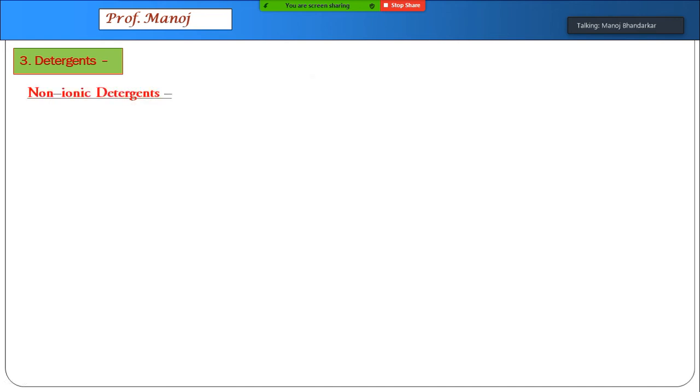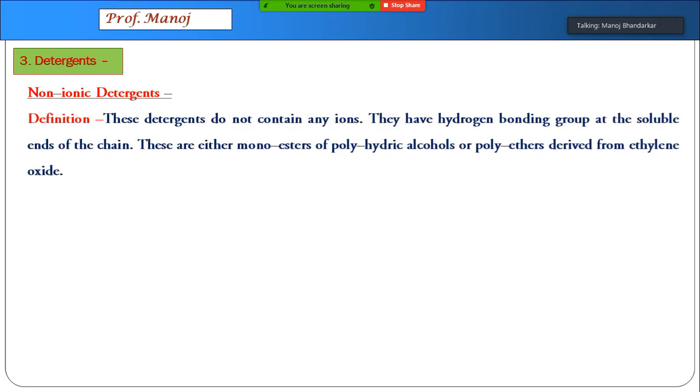Next, the last, third type, non-ionic detergents. These detergents, as the name suggests, do not have any charge at all, and they will have certain functional groups which can create hydrogen bonding.